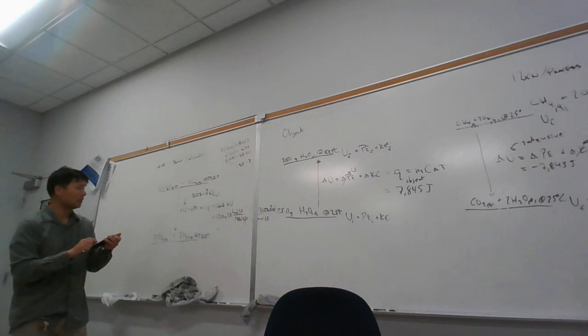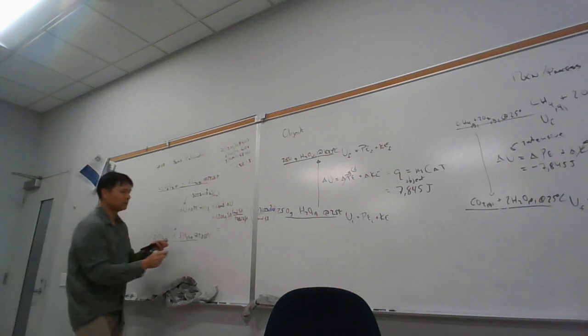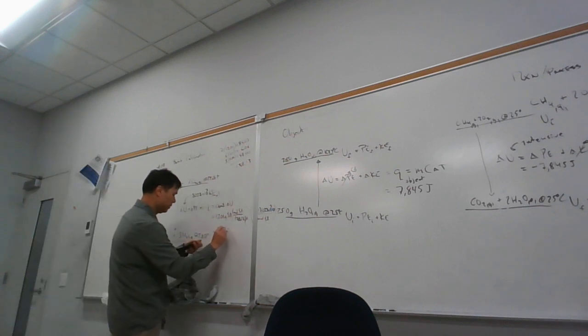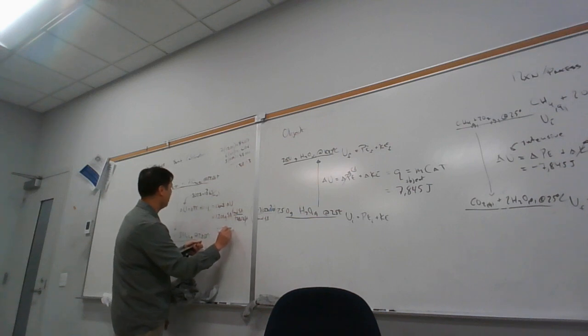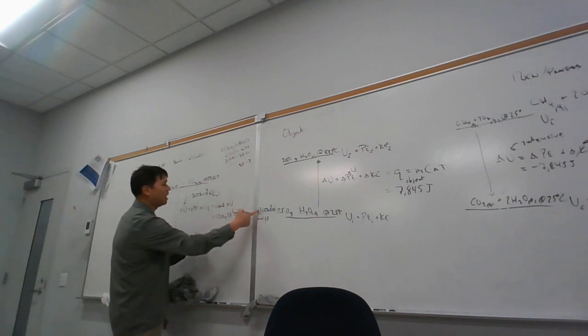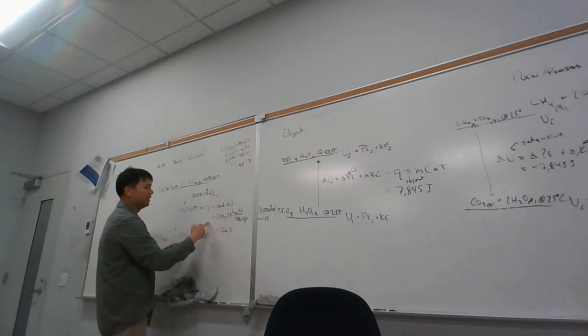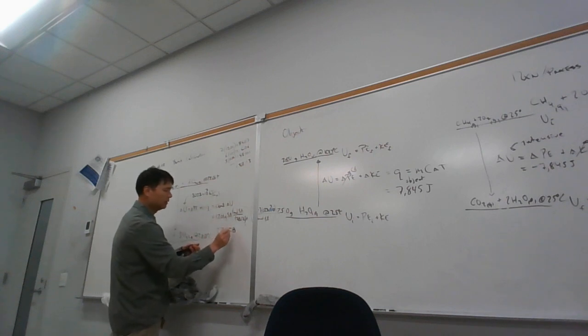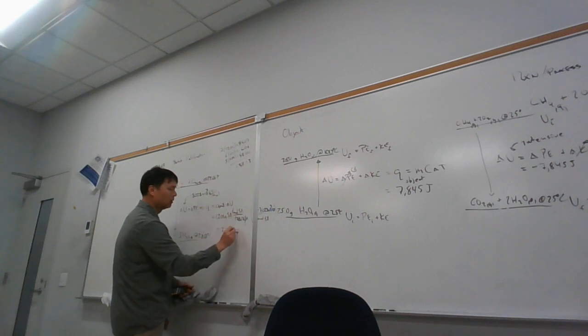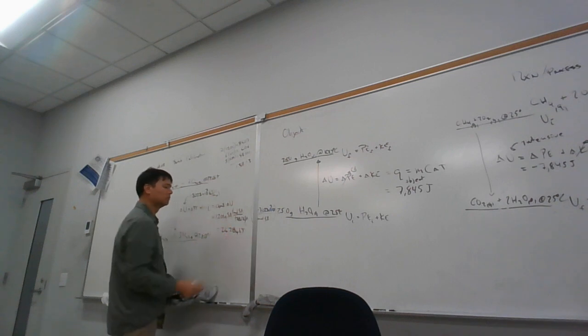Times 3.023 times 10 to the third gives 26.28. Looks like I'm allowed 4 sig figs. 4 kilojoules.